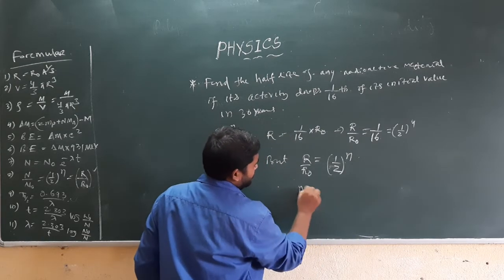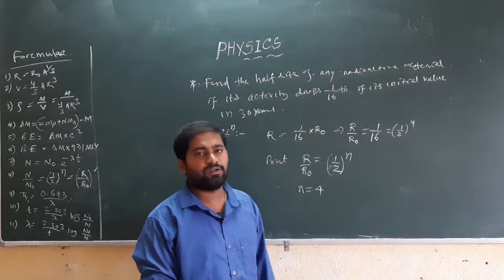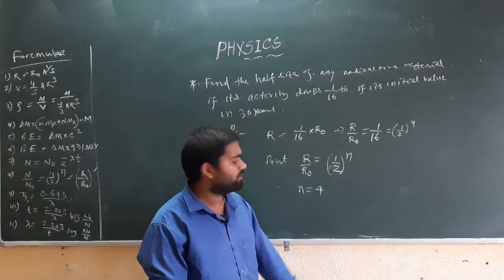If you compare, n will be 4. So the total number of half lives will be 4.